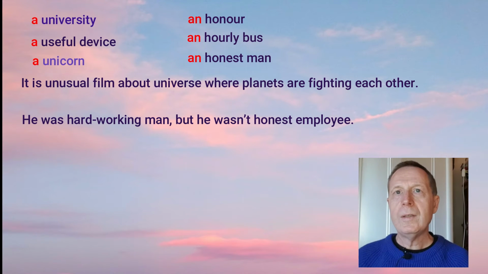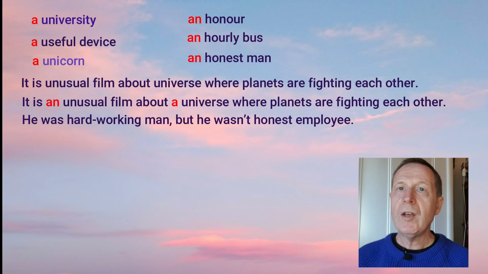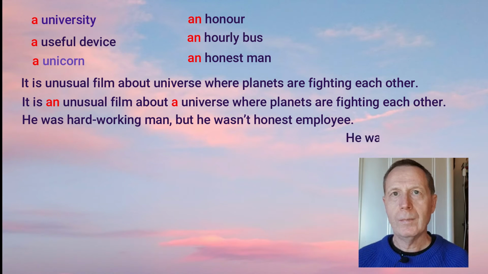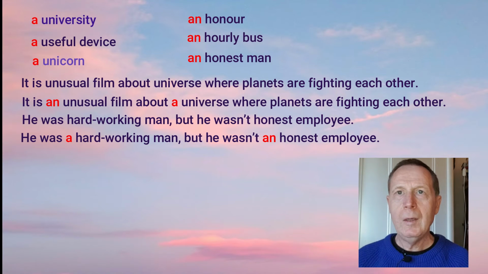In these sentences, we should say, it is an unusual film about a universe where planets are fighting each other. He was a hard-working man, but he wasn't an honest employee.